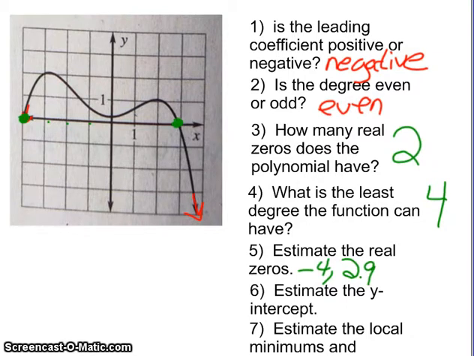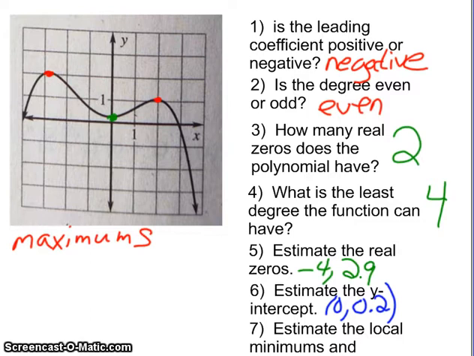Estimate the y-intercept. All right, well, the x-coordinate has to be 0. The y-coordinate would be about 0.2. And question 7, the maximums and the minimums. There are 2 local maximums and 1 local minimum. The maximums, let's do the coordinates of the one on the left, 1, 2, 3.